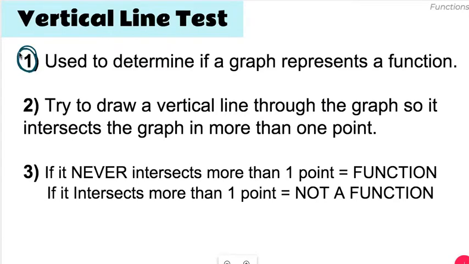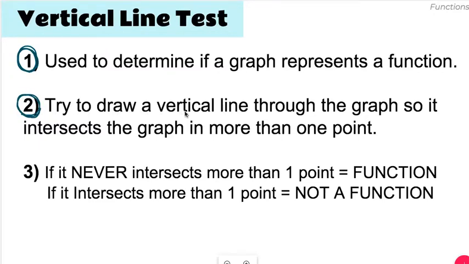Step 1. Actually, it's not quite steps. It's 3 pieces of information. Number 1, this is used to determine if a graph represents a function. So the vertical line test is something you do to see if a graph is a function. So that's the first thing you need to know. Number 2 starts getting into how to do the test.